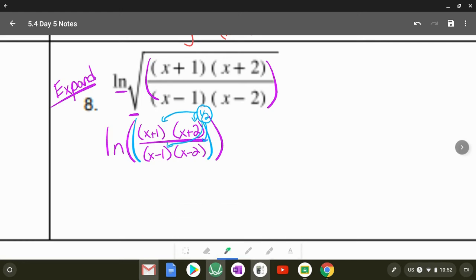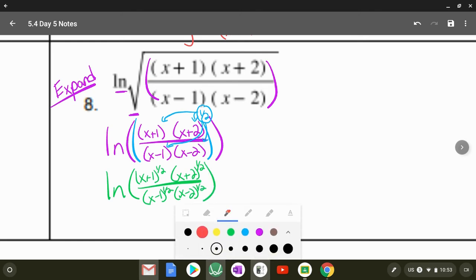And the reason I say that is, again, when we're expanding, we want to get all of the properties out as much as possible. So if these are all to the 1/2, and I don't want to write them there, we'll rewrite it again. Natural log of x plus 1 to the 1/2, x plus 2 to the 1/2, x minus 1 to the 1/2, and x minus 2 to the 1/2.